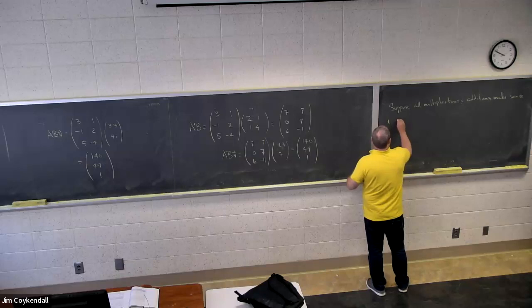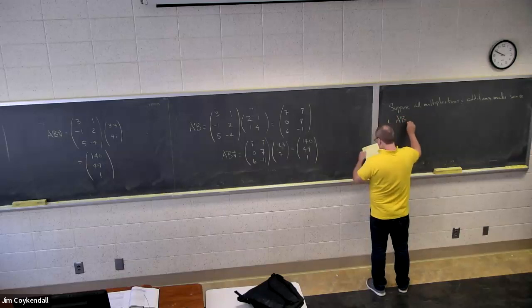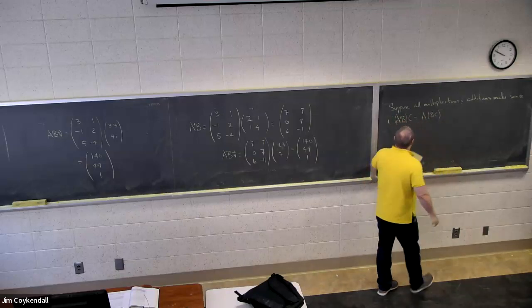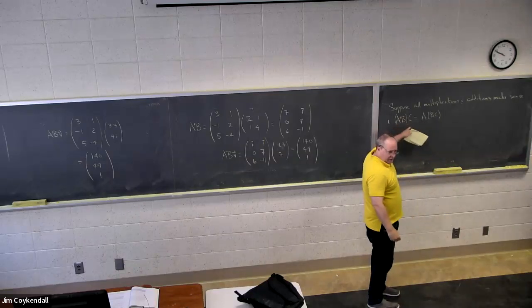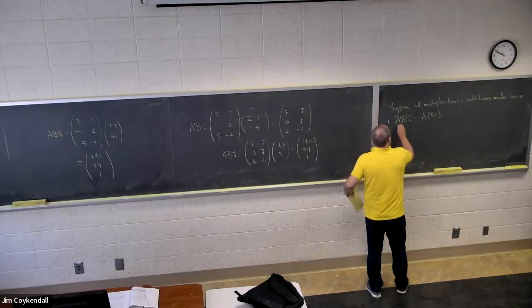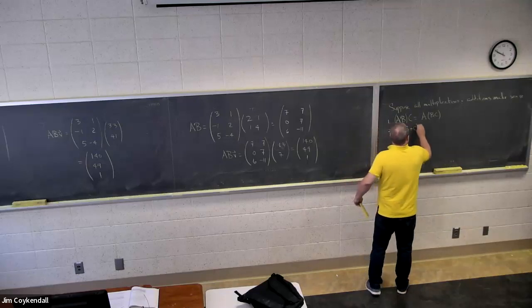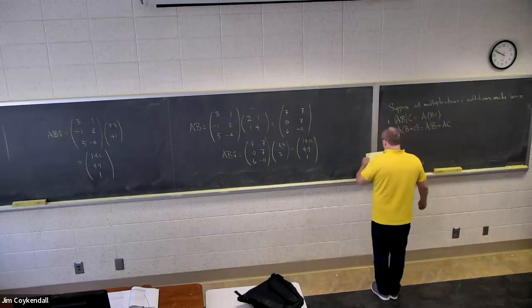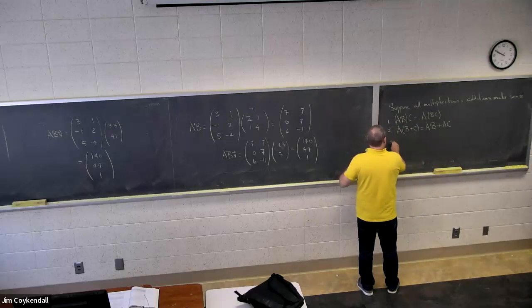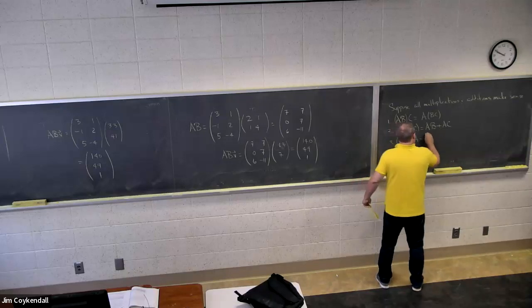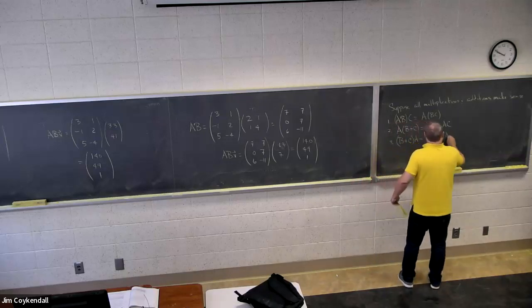Number one, AB times C is A times BC. And of course, what I mean is we're assuming that A, B, and C are all the appropriate sizes so this multiplication makes sense. 2, A times B plus C is AB plus AC. 3, B plus C times A is BA plus CA.